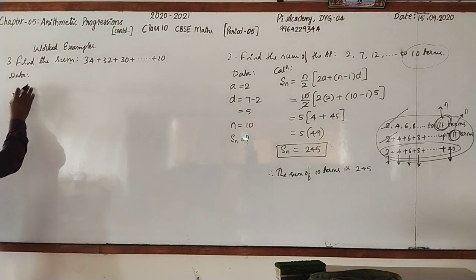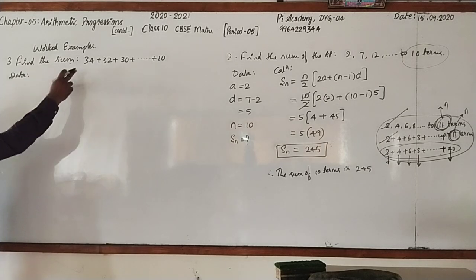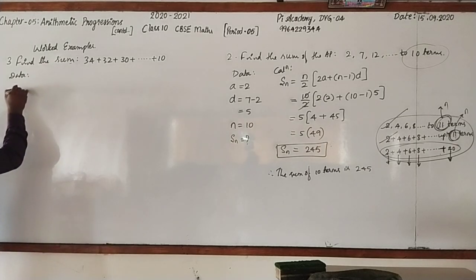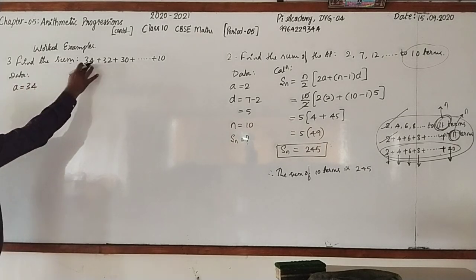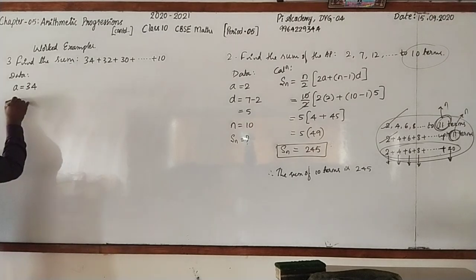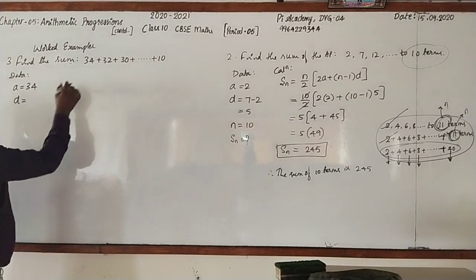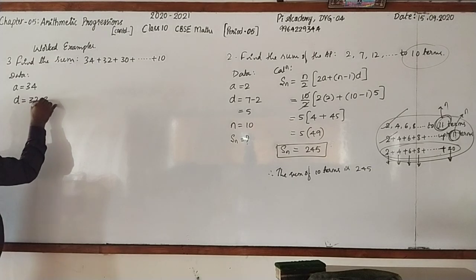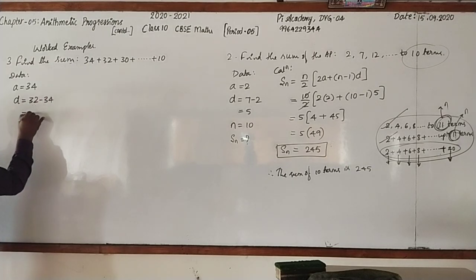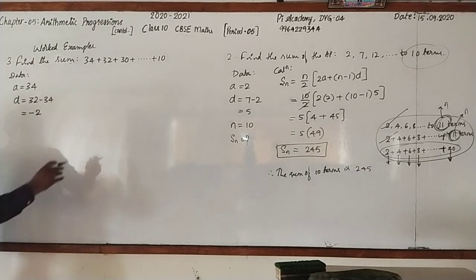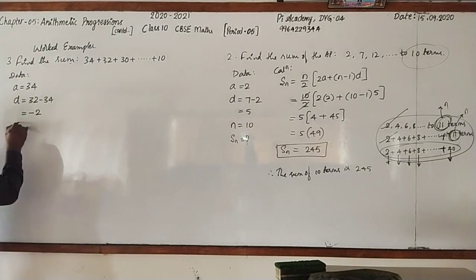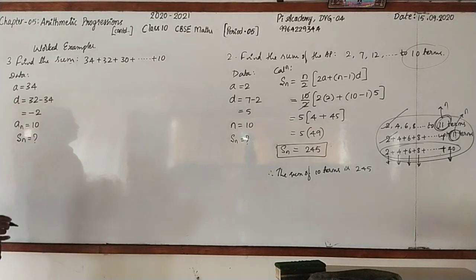Let me tell you how it is. First, let us write the data. Here, a is 34 and the common difference d is 32 minus 34, which is equal to minus 2. Then 10 is the last term, and you are going to find the sum of all these terms.